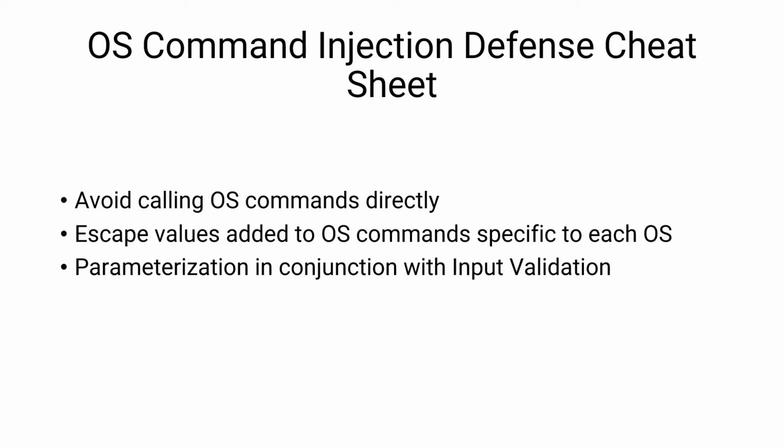Second is escaping values added to OS commands, specific to each OS. And third is parameterization in conjunction with input validation. If calling a system command that includes user-supplied input cannot be avoided, the following two layers of defense should be used within the software to prevent attacks. Like that, we can handle the defense of OS command injection.